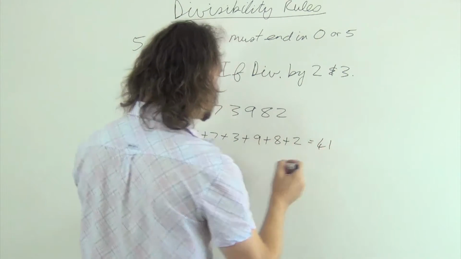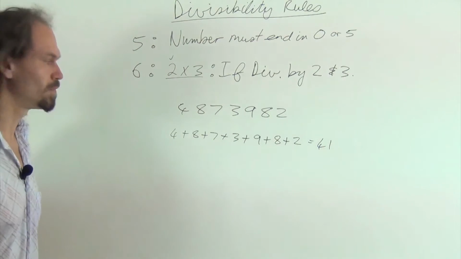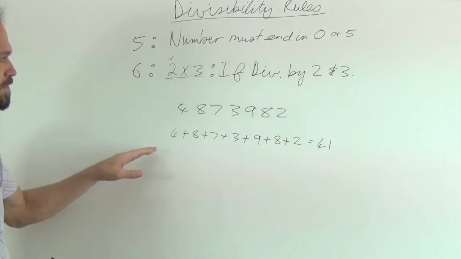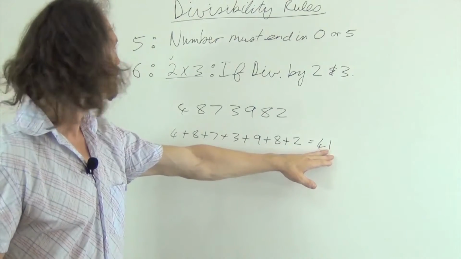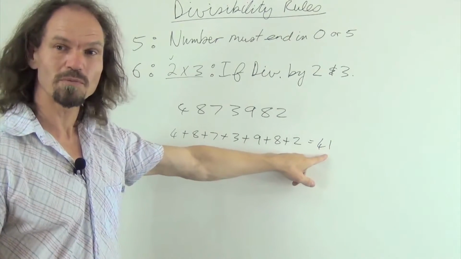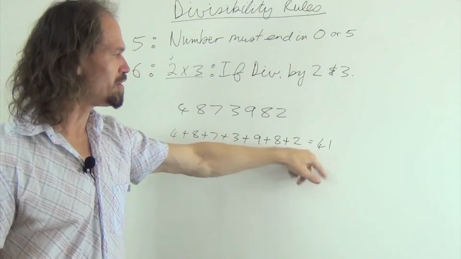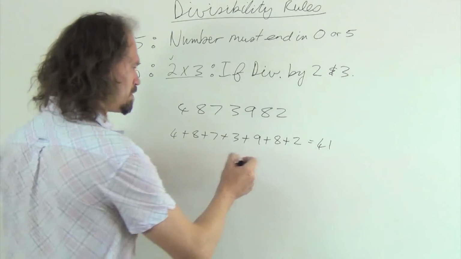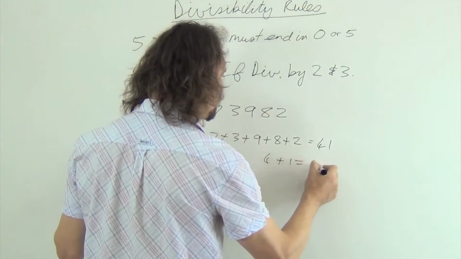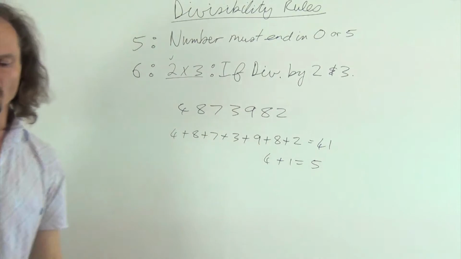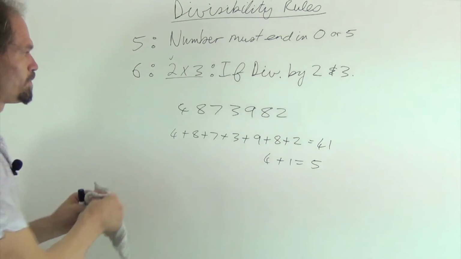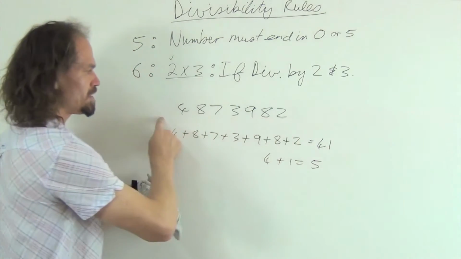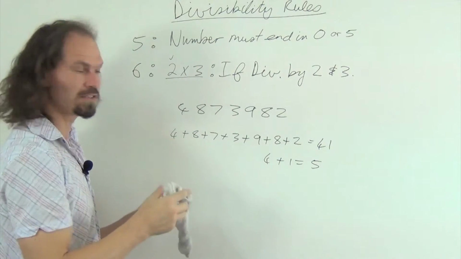So the answer there is 41. Okay? Now we ask ourselves, can 3 go into 41? We're busy with 3, remember? Can 3 go into 41? Oh, I'm not sure. Well, 4 plus 1 is 5. No, 3 cannot go into 5. So that number there is not divisible by 6.